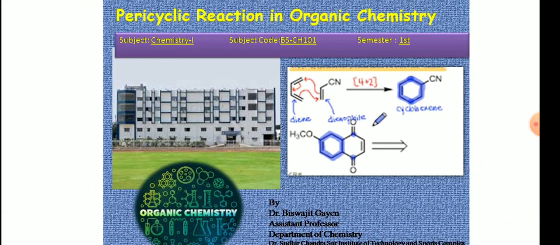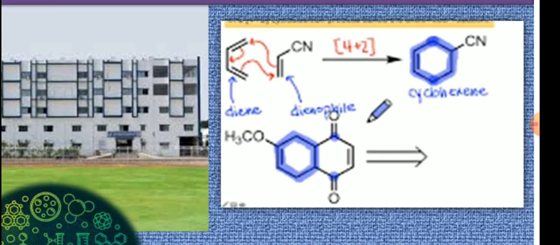Here from this figure, if you look, you will see that there is 1,3-butadiene on the left hand side. Then another is the double bond.